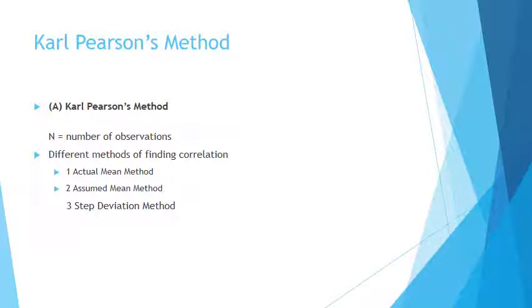There are three different methods of calculating correlation by this method. First one, actual mean method. Second, assumed mean method. Third is step deviation method.